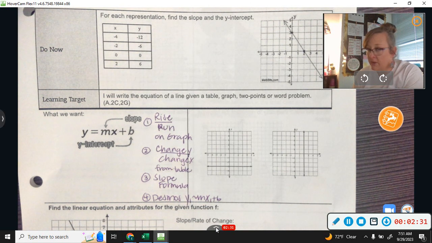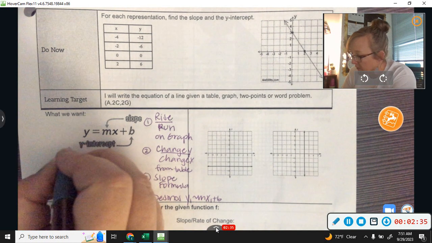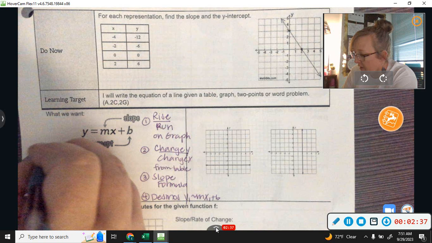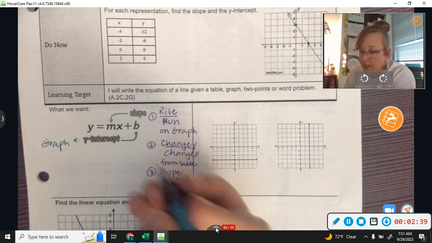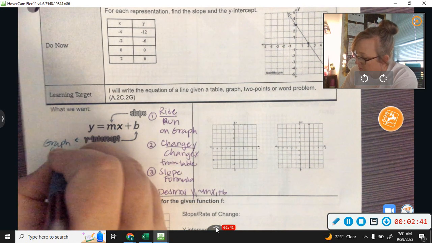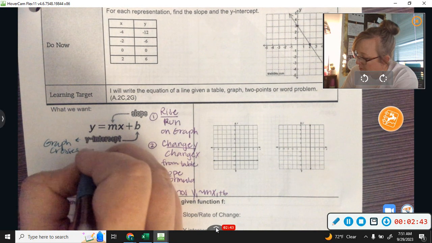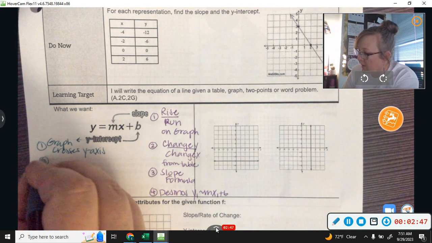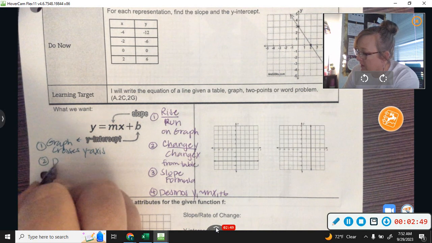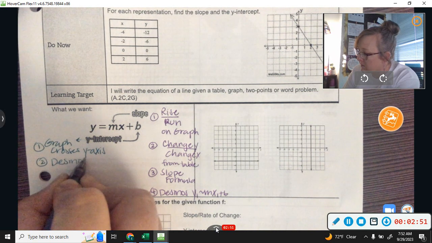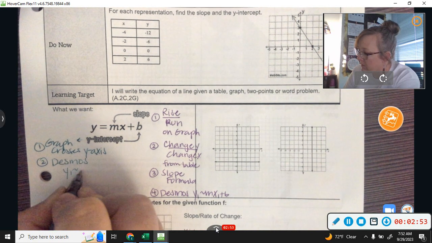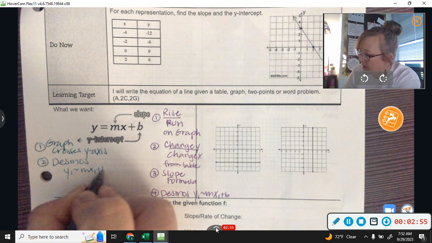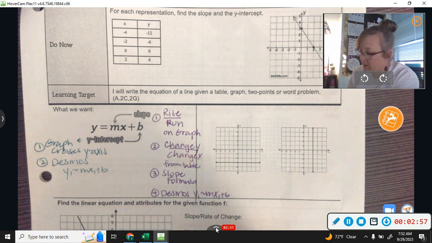Okay, y-intercept, which we've talked less about, but we have talked about it, definitely from a graph, right? On a graph, you're just looking, where does it cross the y-axis? That's the first way that we talked about. You can do in Desmos, the y1 squiggle, mx1 plus b, and the b is the y-intercept.